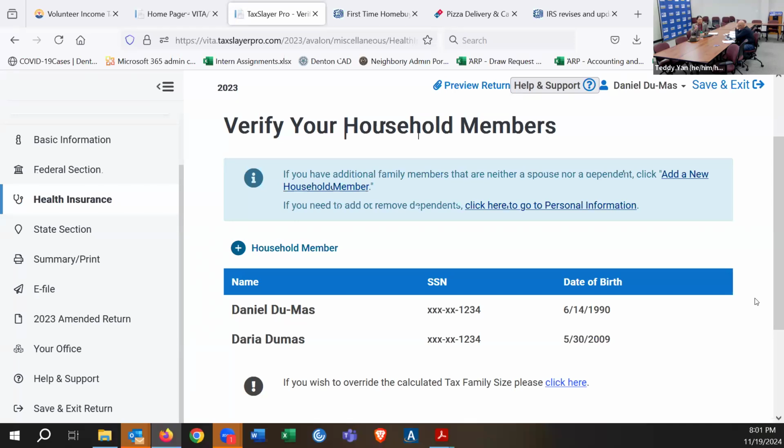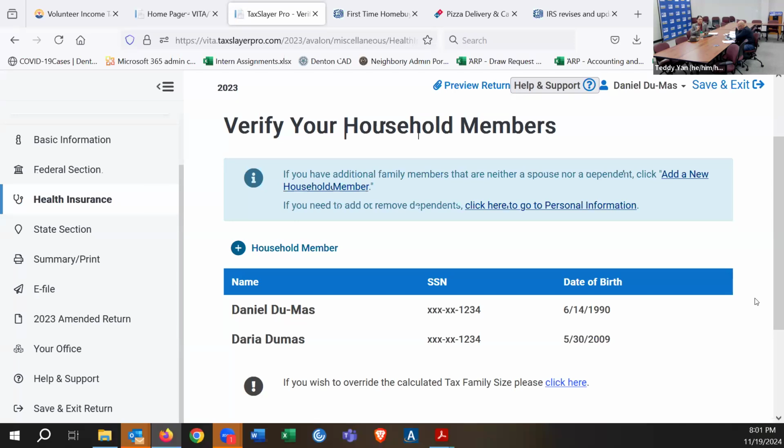If they differ, there is a healthy way for it to differ, and there is an out-of-scope way for it to differ. If the health household is smaller than the tax household, that is okay. If there are people on the tax return that are not on the Affordable Care Act plan, that is okay.